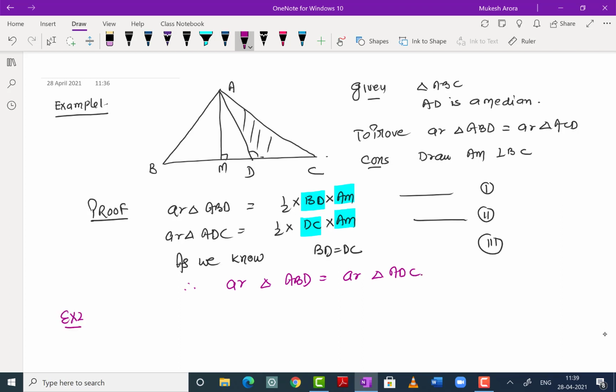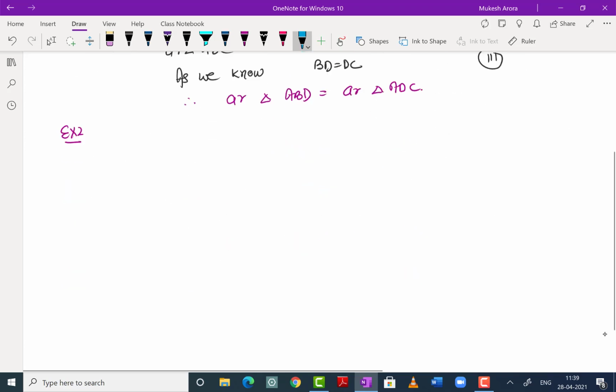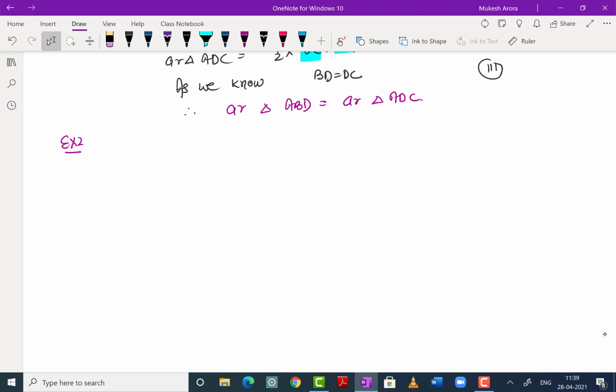Second example. In a given figure, ABCD is a quadrilateral. BE is parallel to AC.